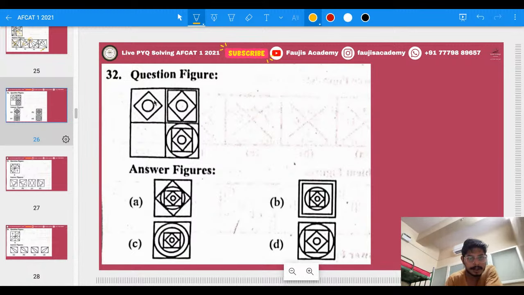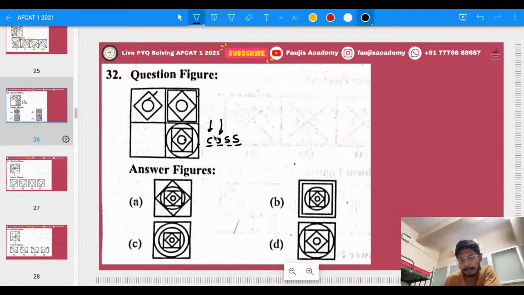Right. So in this figure there is circle and diamond. Circle, diamond, square, circle. So first circle, then diamond.